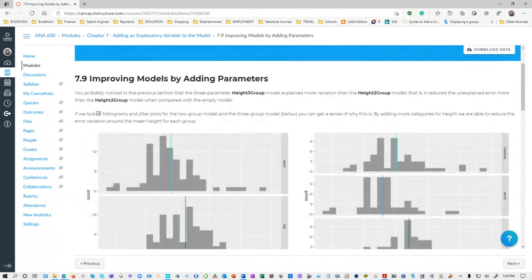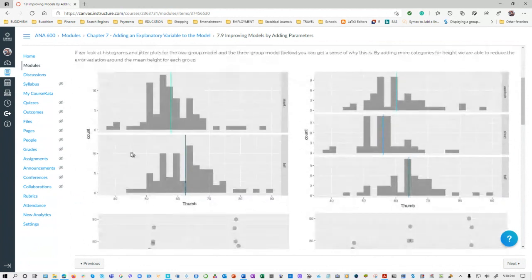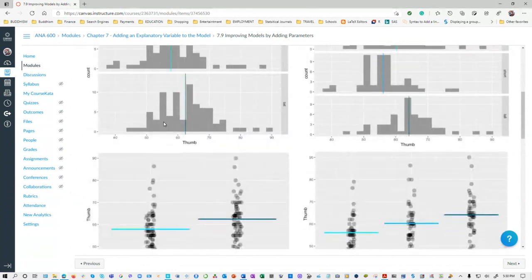If we look at the histogram and jitter plot for the 2-group model and the 3-group model below, you can get a sense of why this is. By adding more categories for the height, we are able to reduce the error variation around the mean height for each group. Look at the 2-group model.